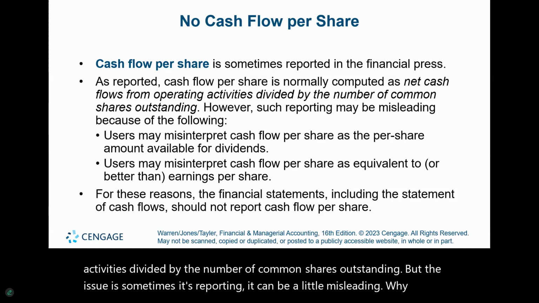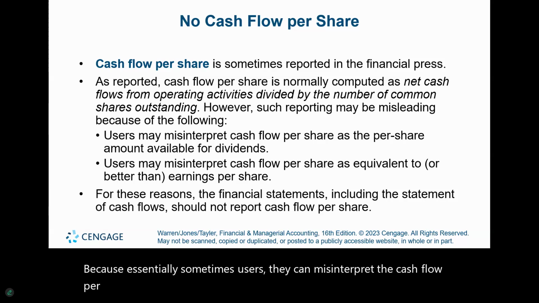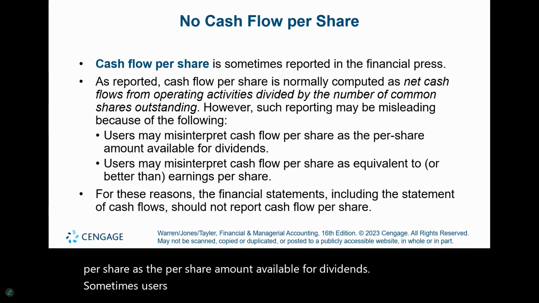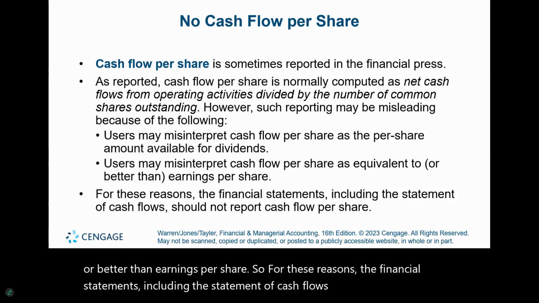Why? Because sometimes users can misinterpret the cash flow per share as the per share amount available for dividends. Sometimes users can misinterpret the cash flow per share as equivalent to or better than earnings per share. So for these reasons, the financial statements, including the statement of cash flows, should not report cash flows per share.